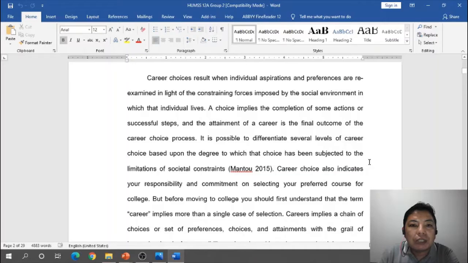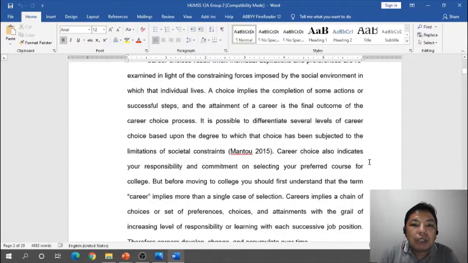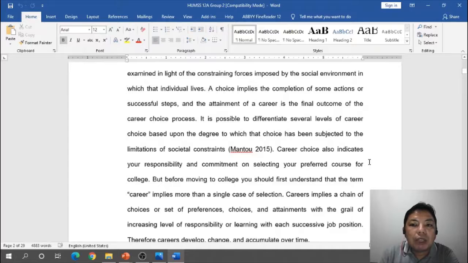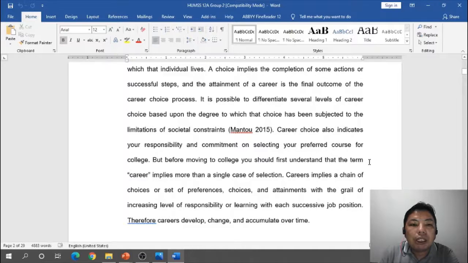Career choices result when individual aspirations and preferences are examined in light of the constraining forces imposed by the social environment in which the individual lives. A choice implies the completion of some actions or successful steps, and the attainment of a career is the final outcome of the career choice process.